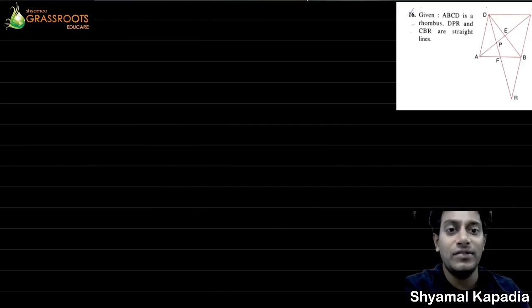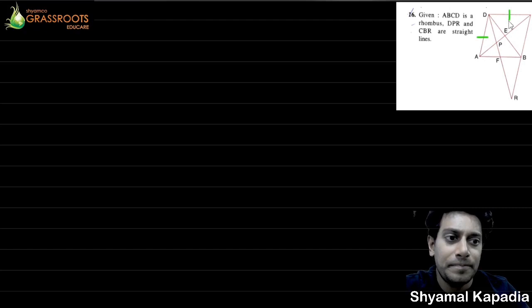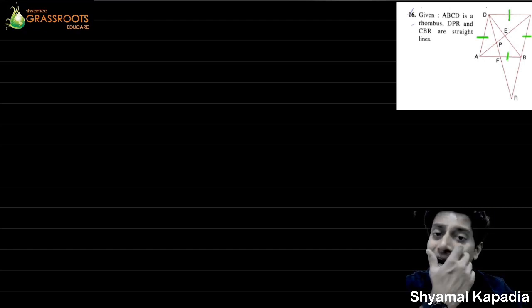All right, now this is a difficult sum. Yeah, this is a classy sum. It's one of the finest sums in the textbook. Okay, in this question, ABCD is a rhombus. This is given. Rhombus means all sides are equal. So can I start this way, that since ABCD is a rhombus, we can clearly mention that all the sides are equal.